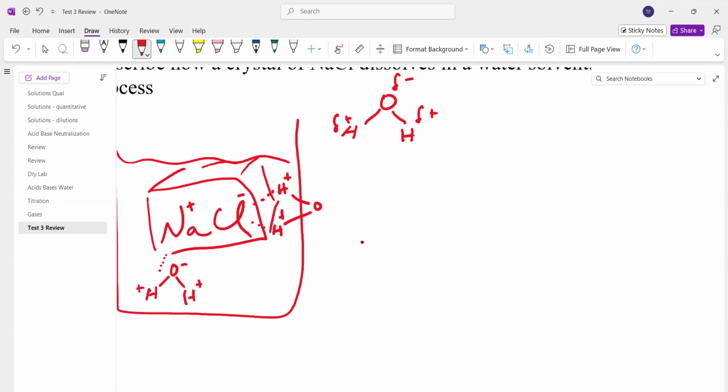So that would be the description here. You're going to describe how the positive part of the water attracts the negative chloride, and the negative part of the water attracts the positive sodium ions and pulls them out.